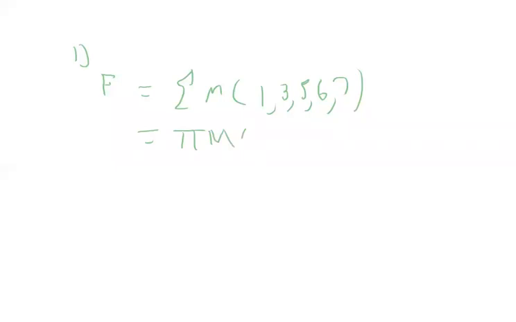So this is problem 1. It says F is equal to sigma M of 1, 3, 5, 6, and 7. Convert the canonical minterm to a canonical maxterm. So then you write pi, product, capital M. What do you put in here?